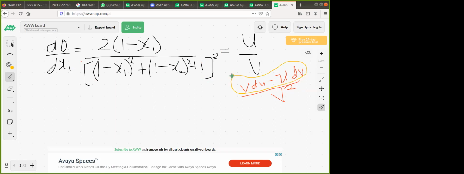All right, now our v is this, like we said, which is equal to this. Let's first find du and dv.